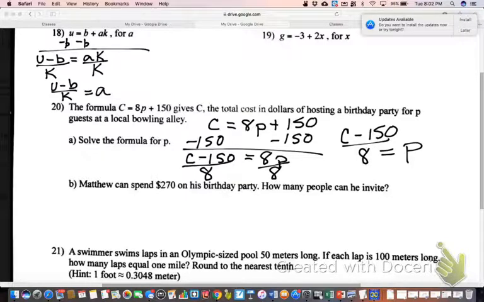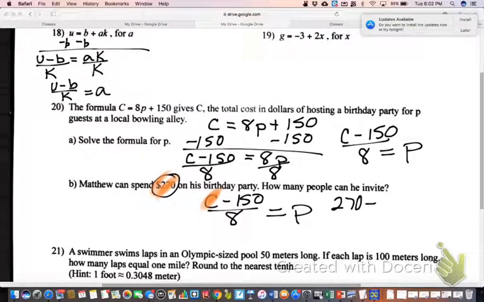Then, if Matthew can spend $270 on his birthday, how many people can he invite? Well, C is the cost he's got. So I'm going to take this C minus 150 over 8 that we just spent time finding. I'm going to substitute 270 for the cost.